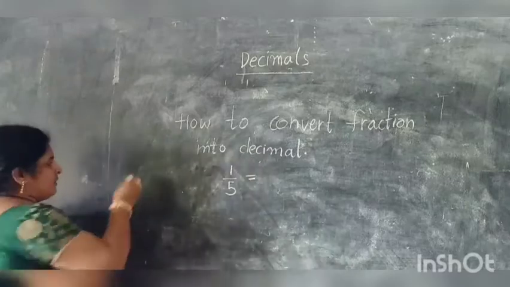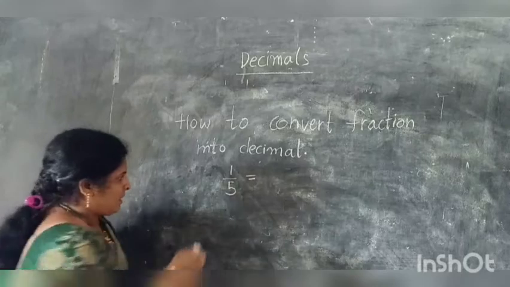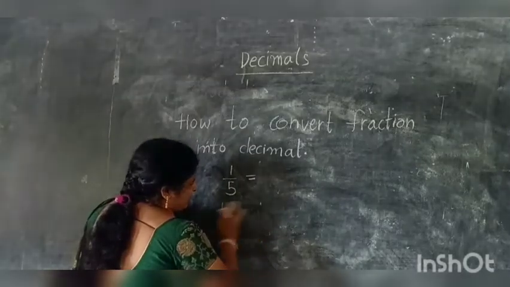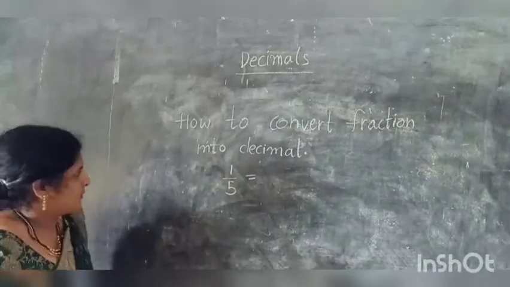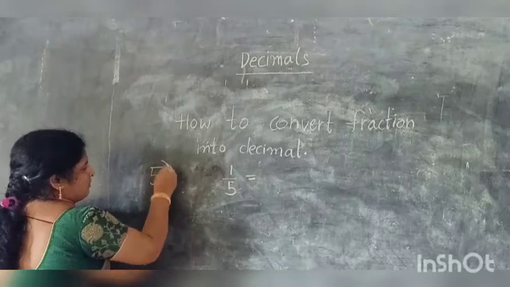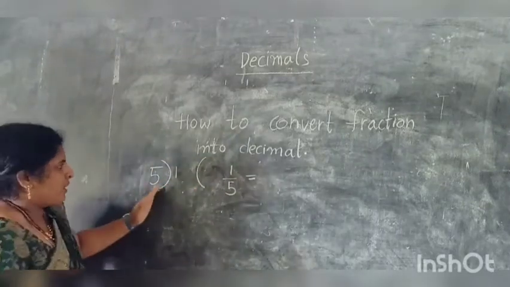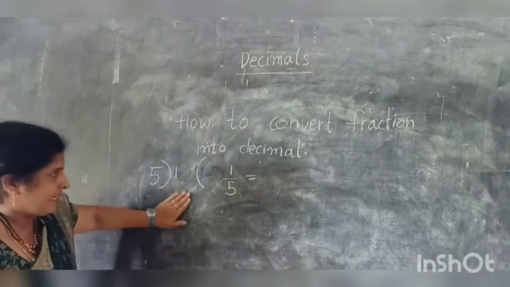How? 1 is divided by 5. 5 ones are 5, 5 twos are 10.